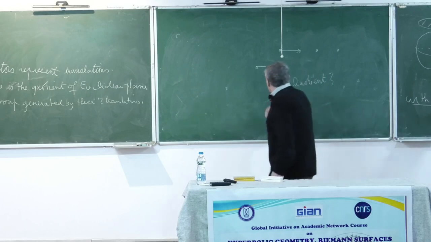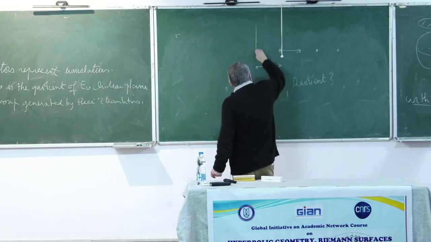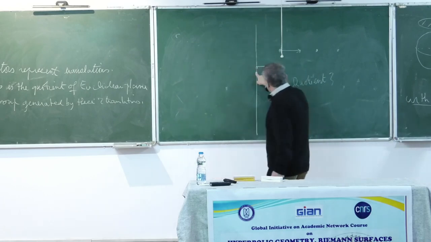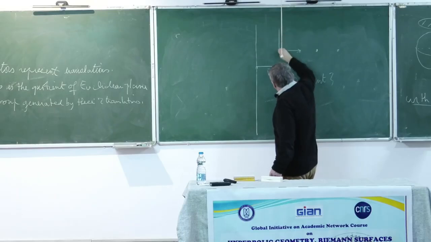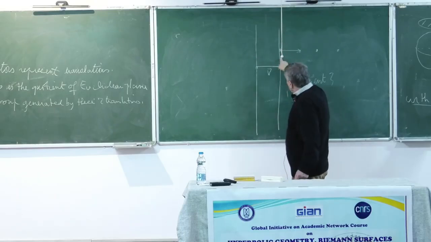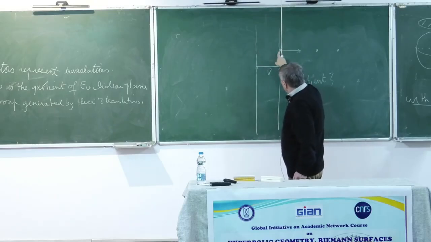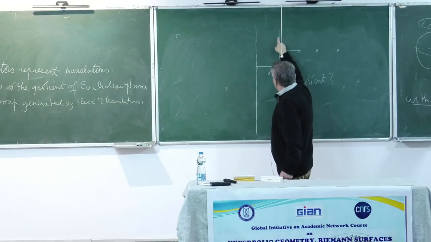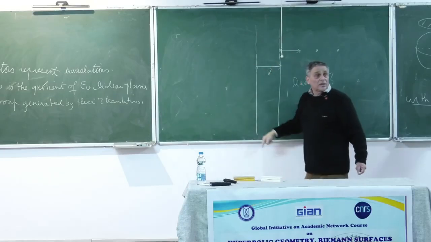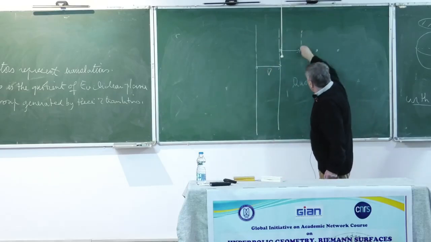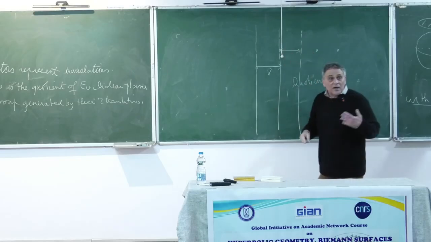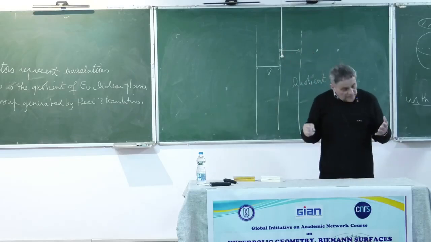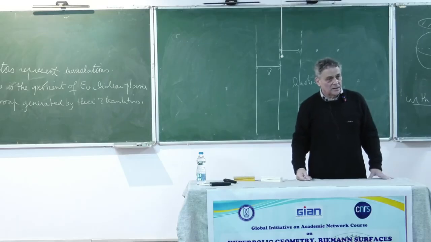For instance, this line here will be identified with this line here, because any point here is identified with this point, any point here is identified with this point, and so on. And this line here will be identified with this line here. So as a result, what do I get? I get a cylinder.